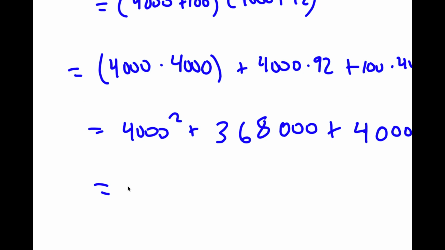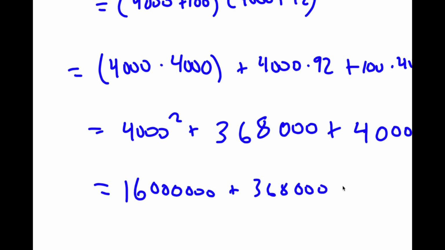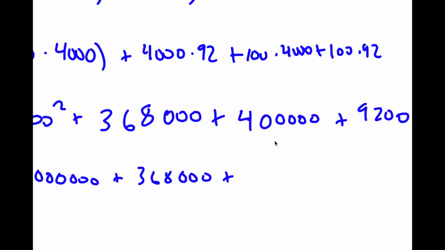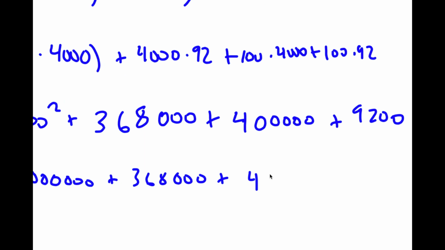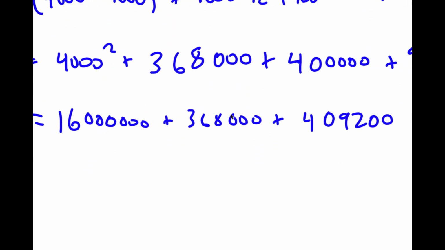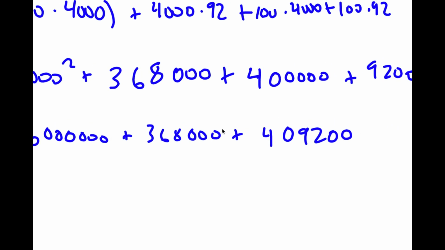Now 4000 squared, that's going to be 16 million. So I have this plus 368,000 plus 400,000 plus 9200, which is 409,200.